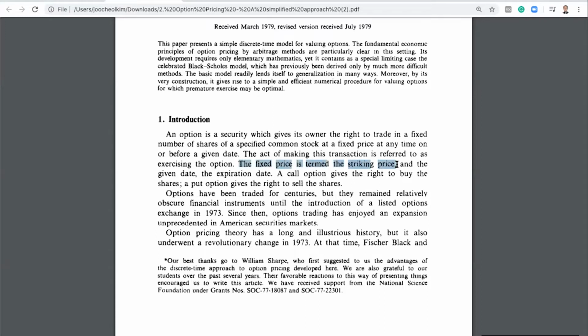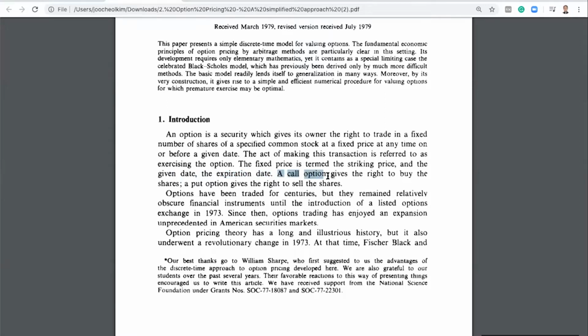The fixed price is the price that I promised to buy at, or the price that I promised to sell at, and it is called the striking price. And the given date is the maturity date. It has different names for the same thing: sometimes we call it the termination date, or sometimes the expiration date, and so on.